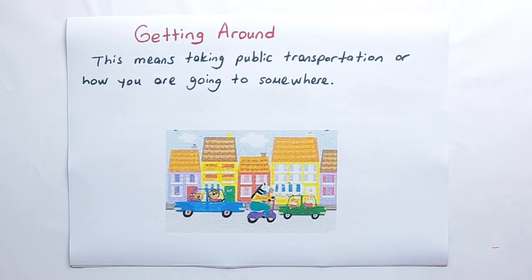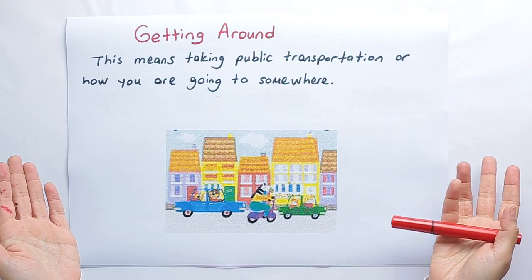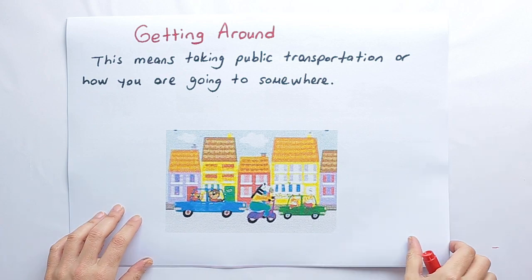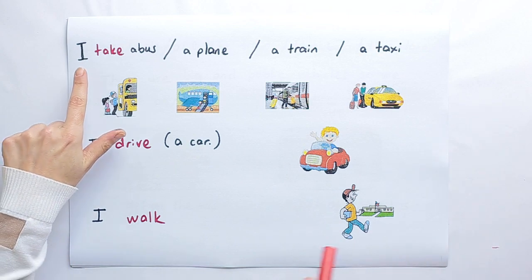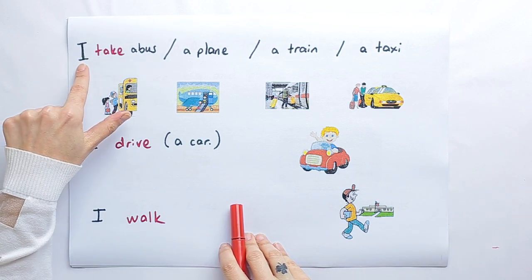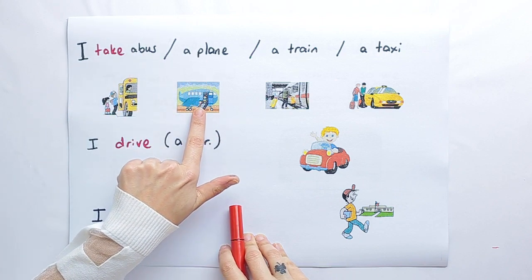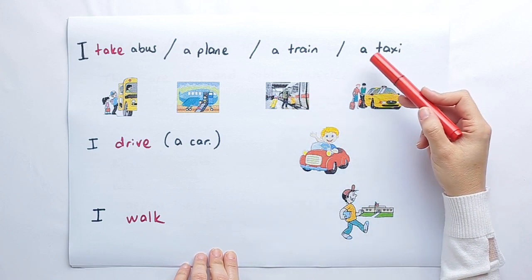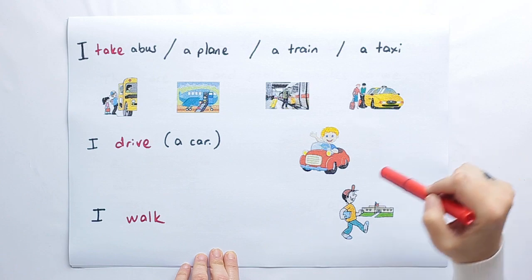Getting around. This means taking public transportation or how you are going somewhere. I take a bus. I take a plane. I take a train. I take a taxi. Let's repeat again.